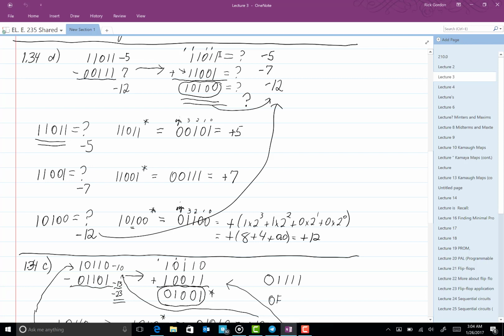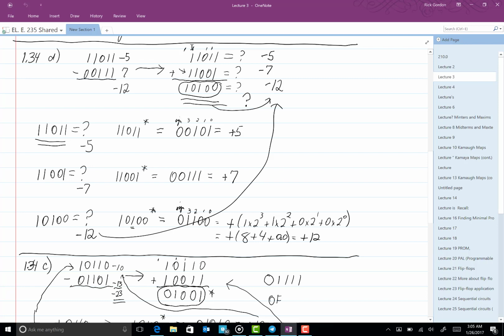And let's see then what happens. So 1 plus 1 is 2, of course, so that's 0, and we carry 1 to the next location. And then this 1 and 0 is again 2, so we write 0 and carry 1. 1 and 0 is 1, and this time we carry nothing. 1 and 1 is 2, so we write down 0 and carry 1.